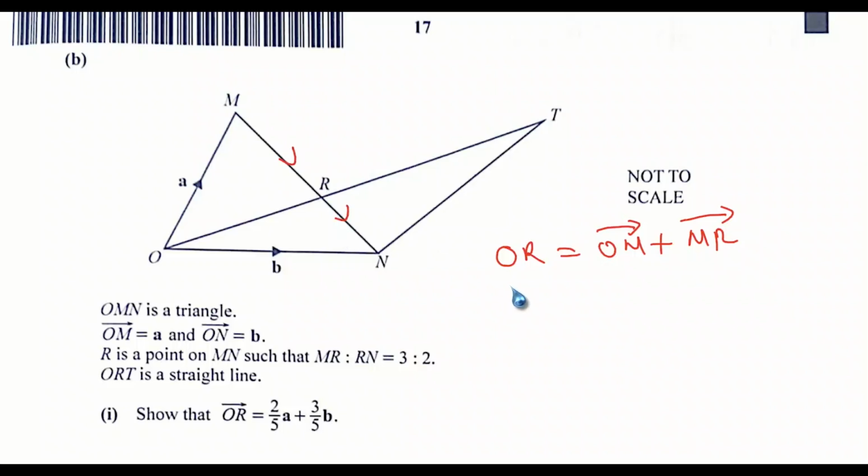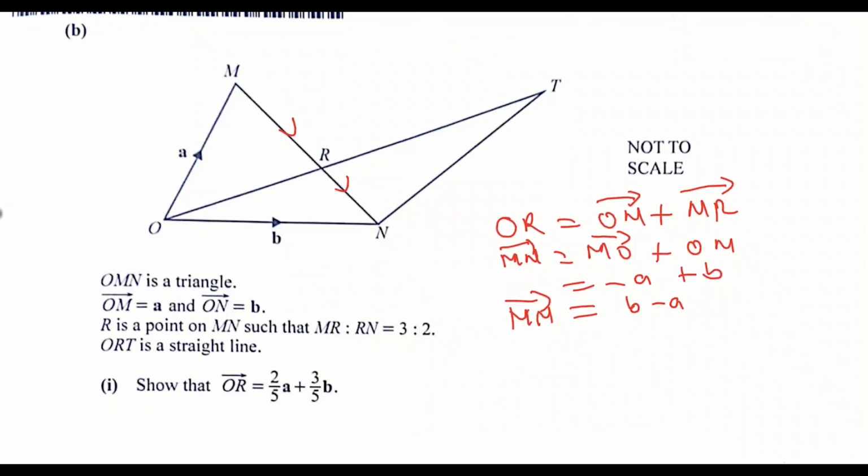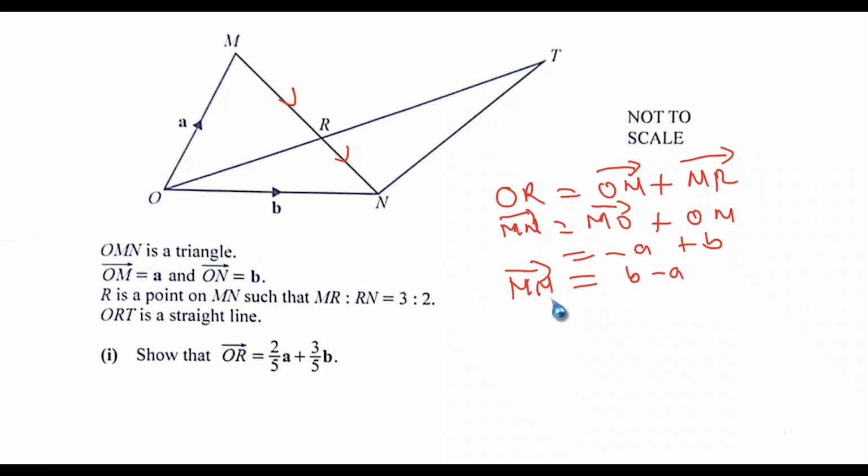MN will be equal to MO plus ON, and that will be minus a, as we don't have MO, we only have OM. So minus a plus b, which could be written as b minus a. So this is MN.